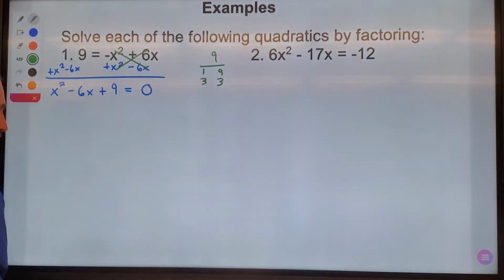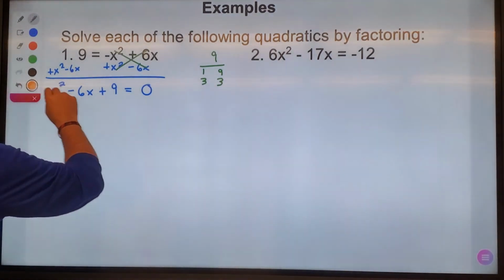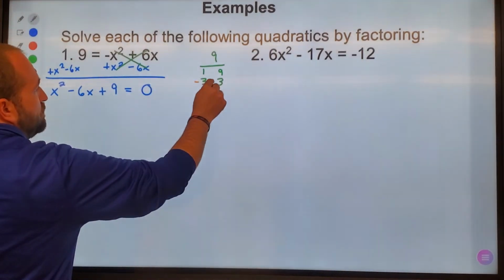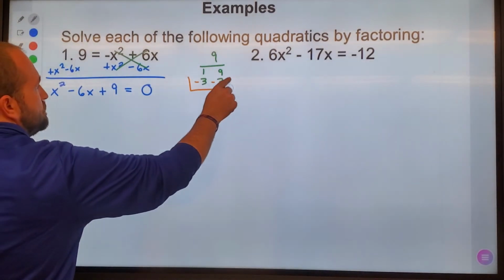This part confuses people sometimes. How do you add 2 numbers to get a negative number? Think about what it means to add. Add means that I combine the 2 numbers and I maintain that sign. So here, I'm going to actually have negative 3 plus negative 3. So that's the 2 that I'm going to use.